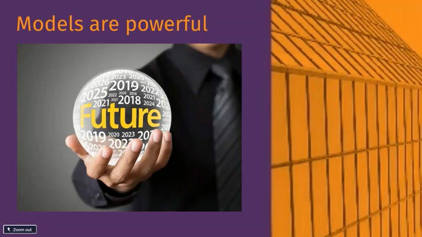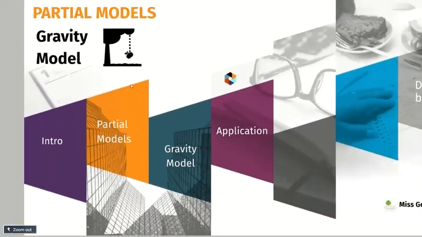Meteorologists use models to forecast the weather. Economists also use models to forecast future trends of the economy. Not only that, urban planners also make use of models to design the road networks and other aspects of a city.